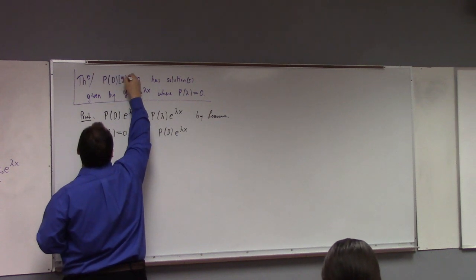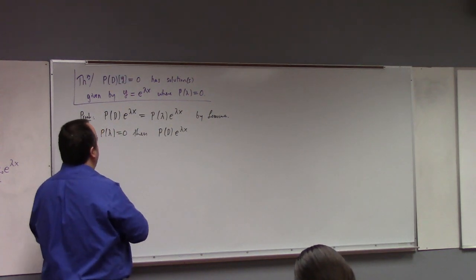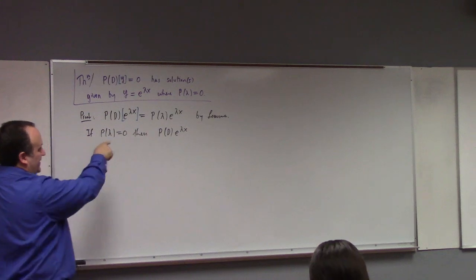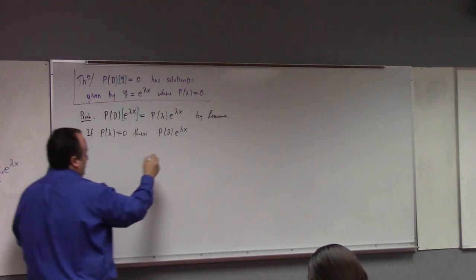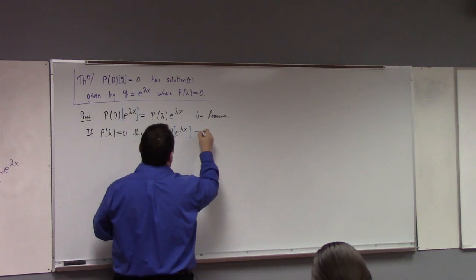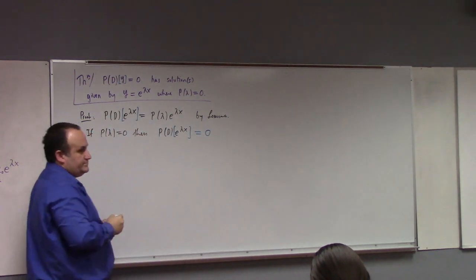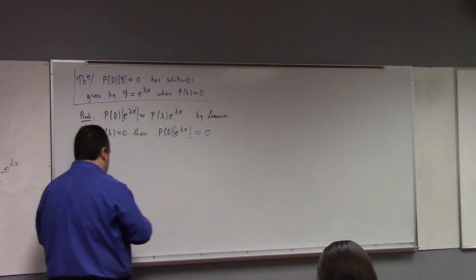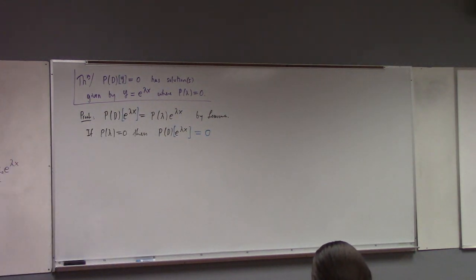It's eating the function e to lambda x and giving me 0. Which is to say that y equals e to the lambda x is a solution to my differential equation, P of D times y equals 0.